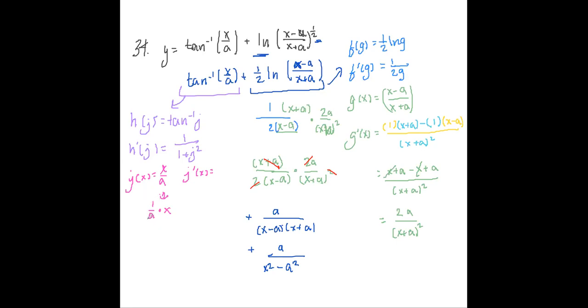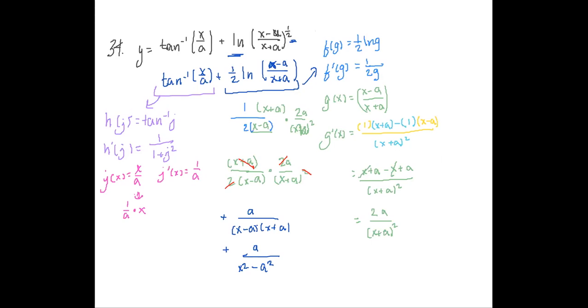It's going to be a constant. So it's going to be 1 over a, because we have a constant times x and it gets turned into just the constant.